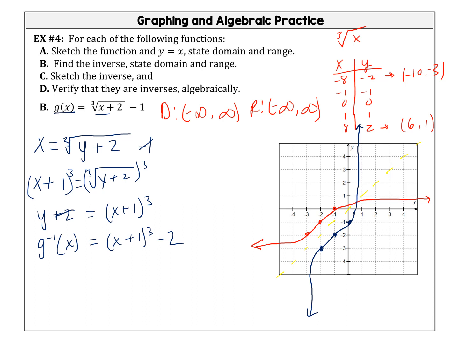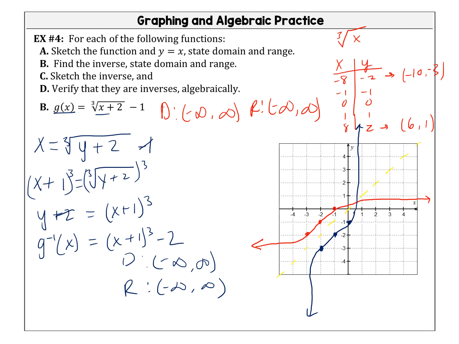And again, the domain and range are both from -infinity to +infinity, because the function goes forever to the left and forever to the right. So here are my two functions. Algebraically, I would substitute in and simplify to prove whether they are inverses.